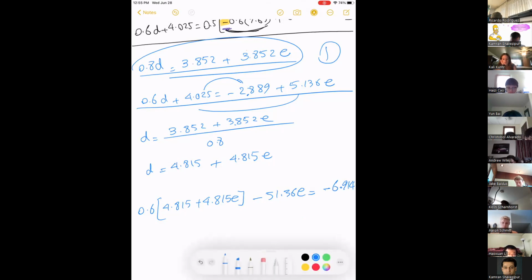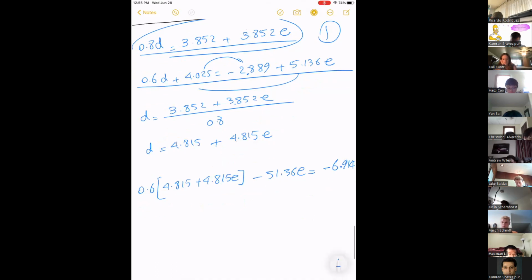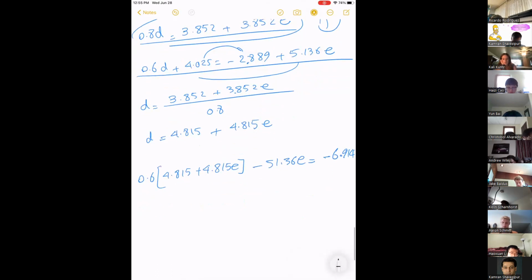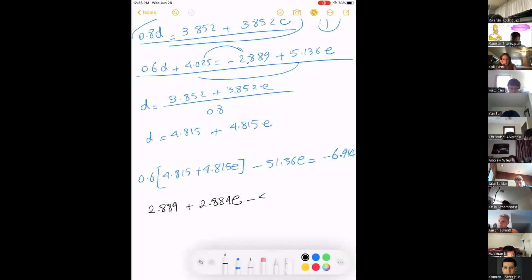And then if you simplify this, we're going to get 4.815 times 0.6, 2.889 plus 2.889E minus 5. And I think this should be 5.1. Let me fix this.